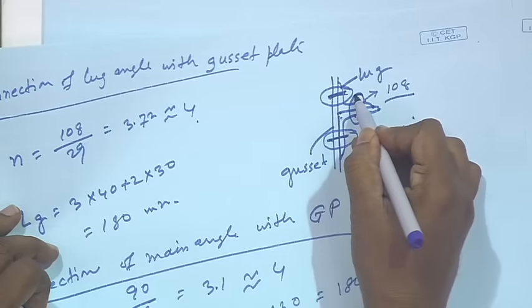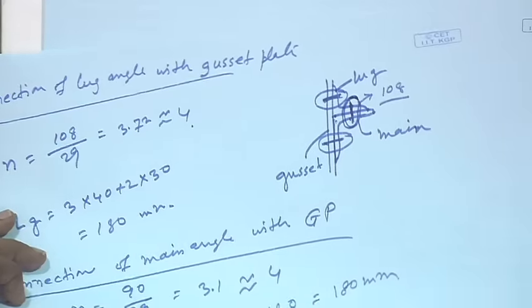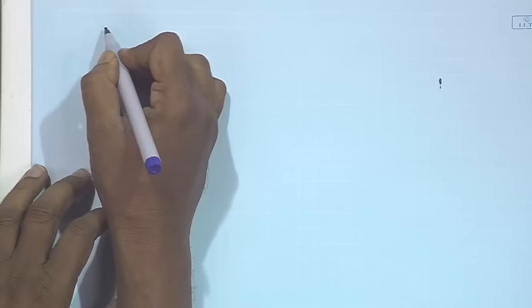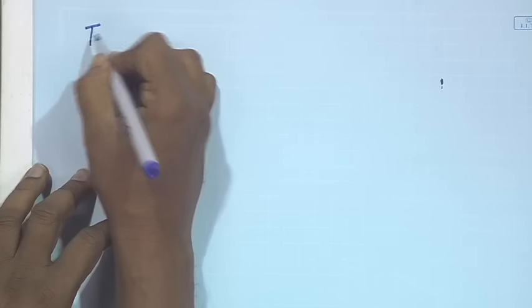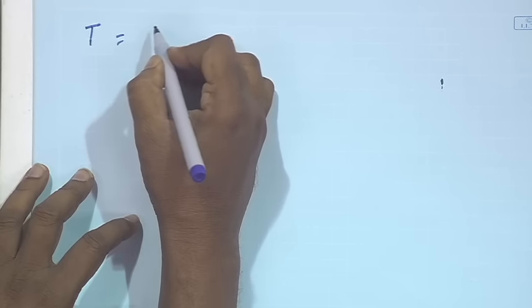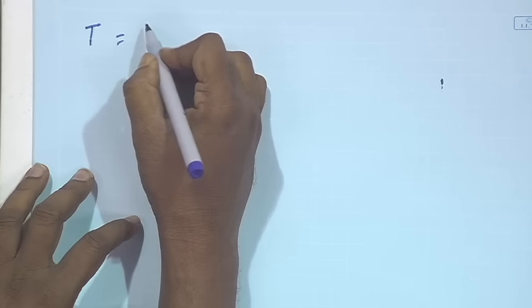Now, the connection of the lug angle to the main angle. How many bolts are required, that we have to again see. Here, the load shared by this angle will be 40% in excess of the load actually carried.